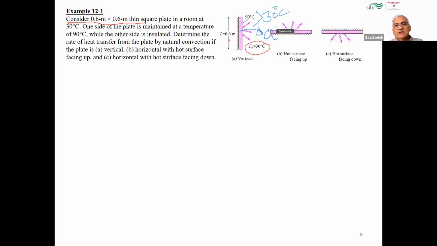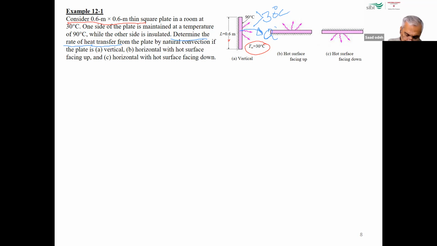Okay, so this is the case that we're going to work on in Kahoot. What we need to do is determine the rate of heat transfer from the plate by natural convection.